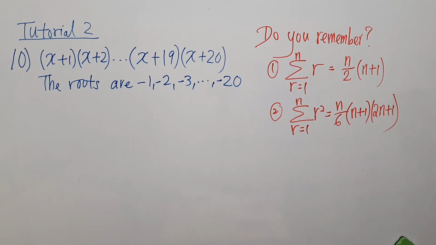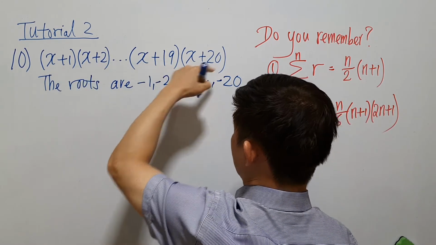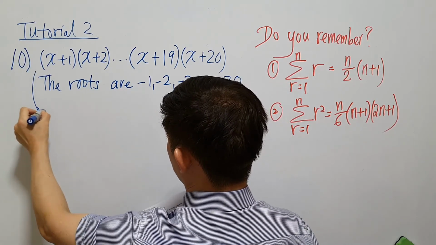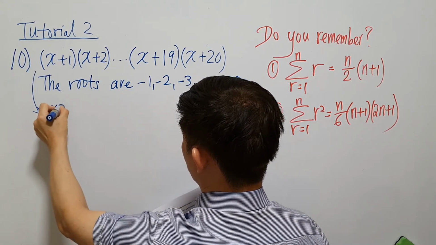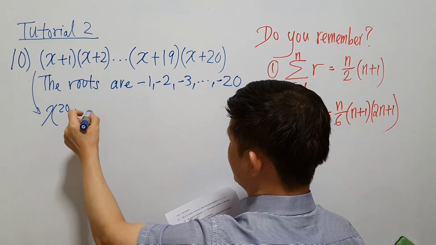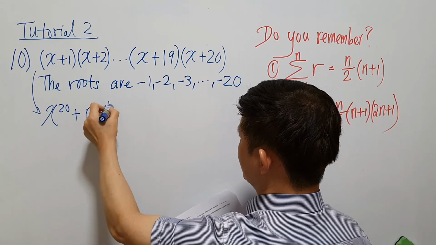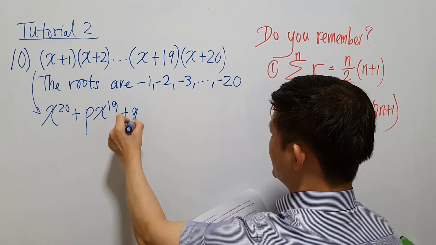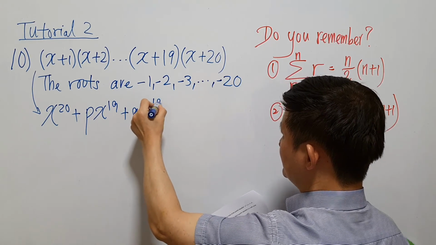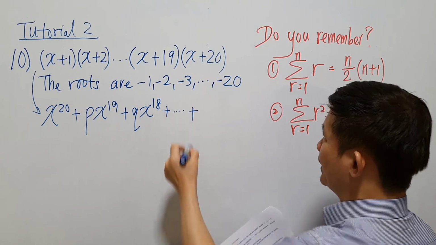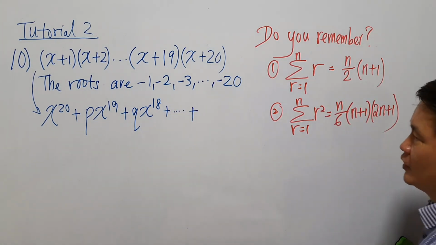For this question, the intention here is to find the coefficient of x to the power of 18. So you've got to imagine that if you were to expand this entirely, you will have, say, x to the power of 20 plus, we do not know the coefficient, let's call it p, x to the power of 19 plus q x to the power of 18 plus, and of course the last one could be the numeral.